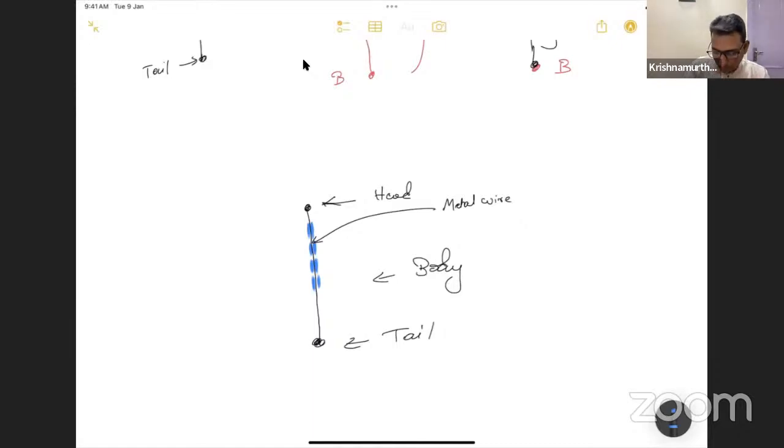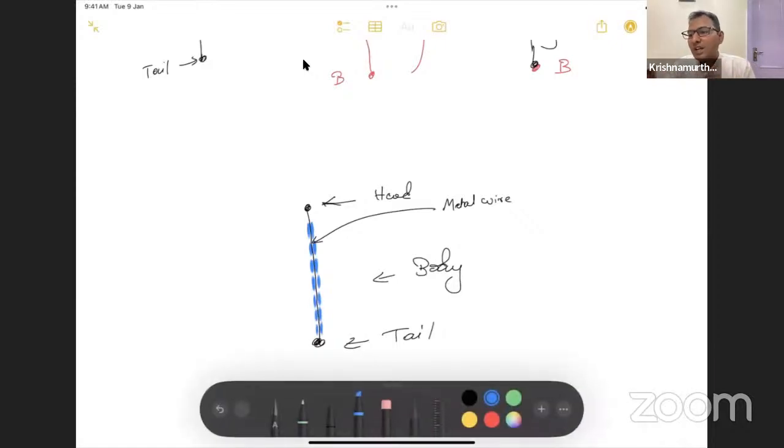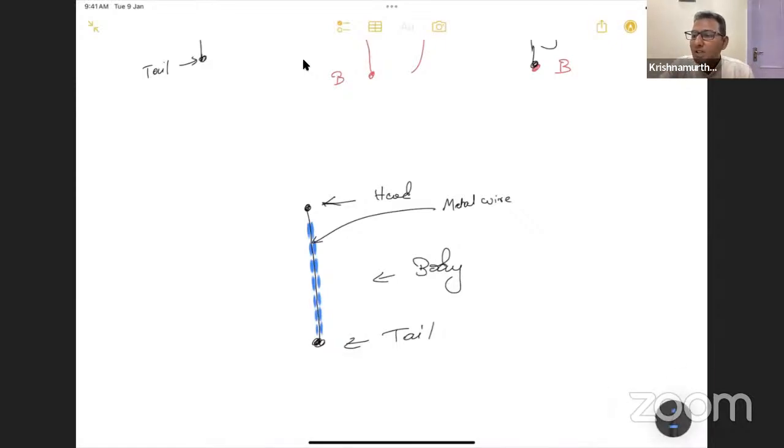Okay. So why not continuous? Why gapped coating? It is all to be discussed later. So why is the coating there? So that there is no short circuit between one to another.